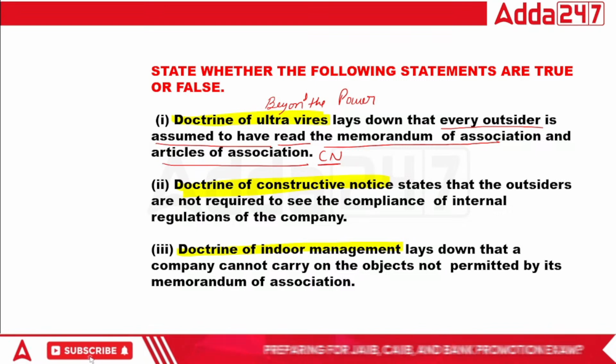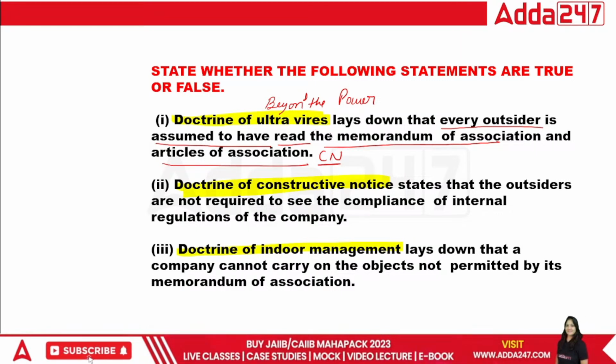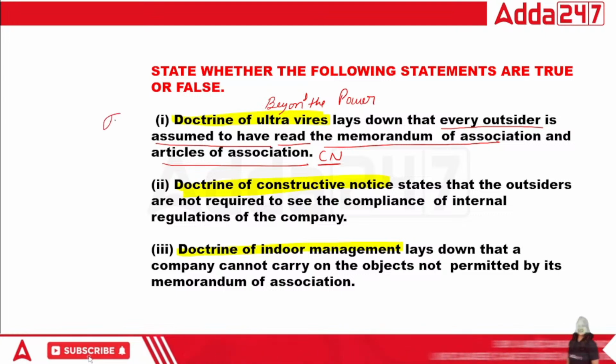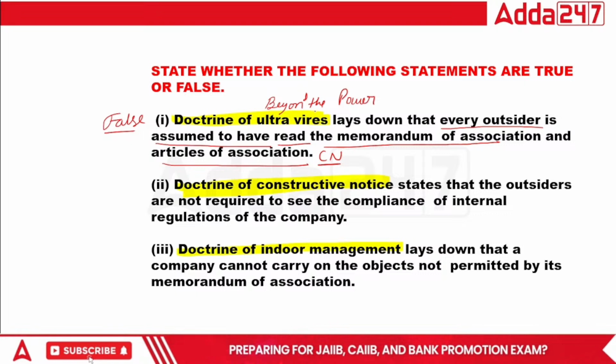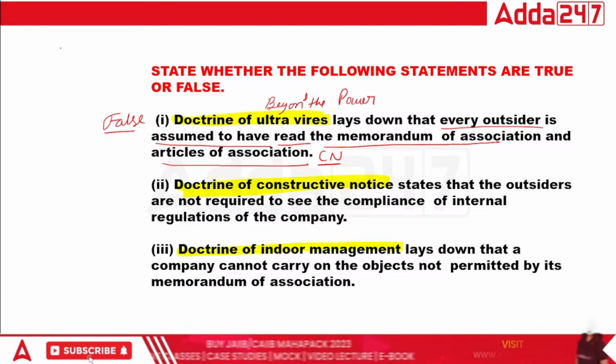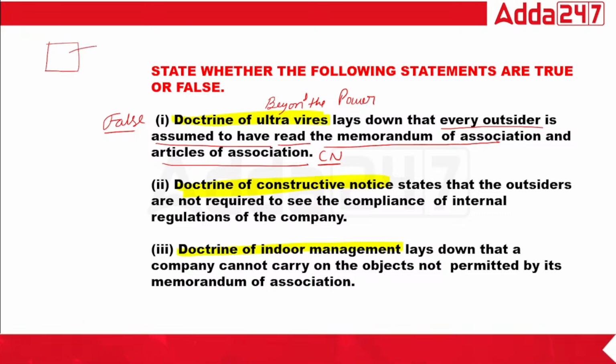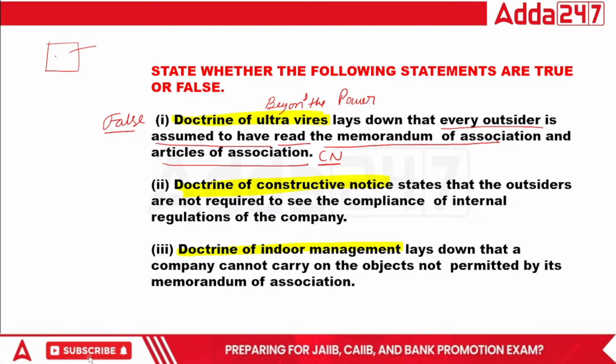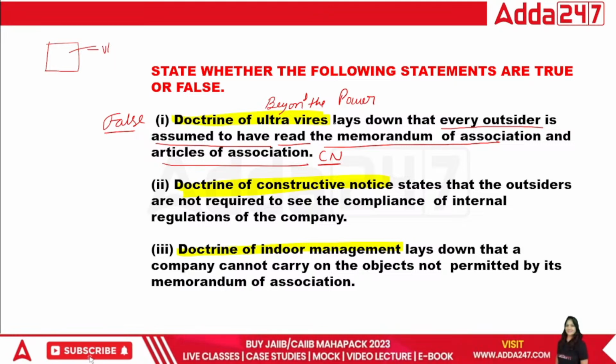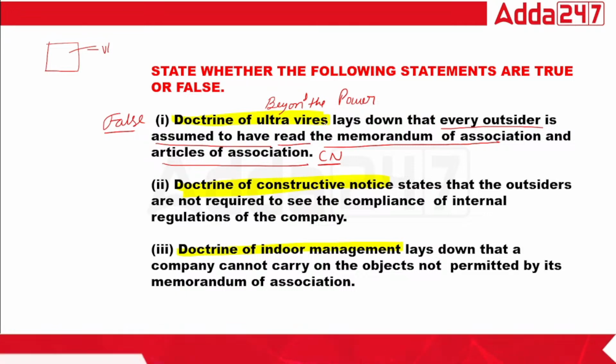So this is absolutely false, because ultra vires means beyond the power. Suppose the memorandum of association is there and the company goes beyond the memorandum of association, then that act will be ultra vires. What is ultra vires? Beyond the power, and that act will be called void.